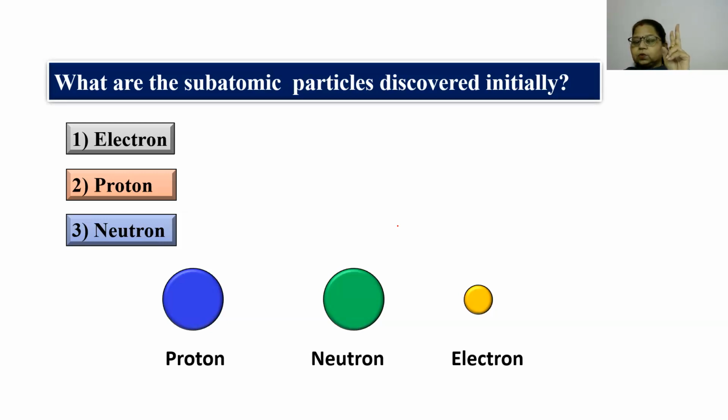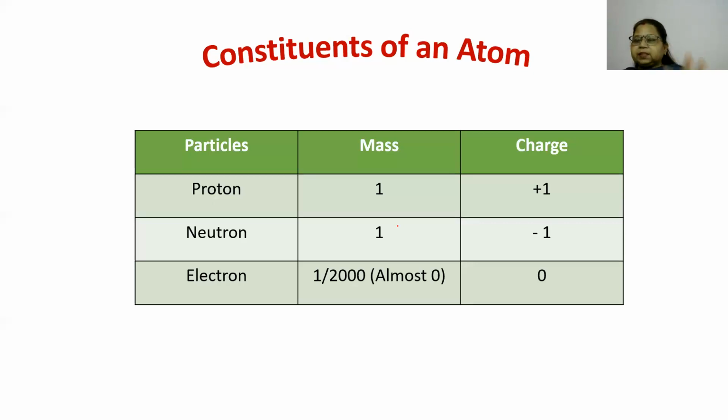Number two, they have to be always drawn on a comparative scale: proton, neutron, and electron. You can see that proton and neutron are of almost similar size. Electron is almost negligible, right? Here are the 3 basic characteristics of the basic particles: proton, neutron, and electron. If you don't remember, please note them all.